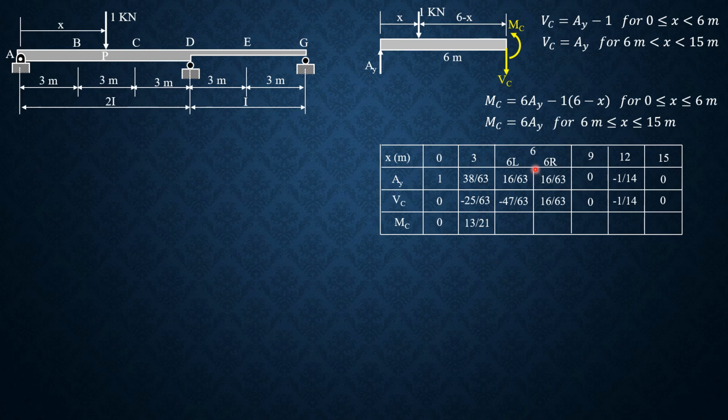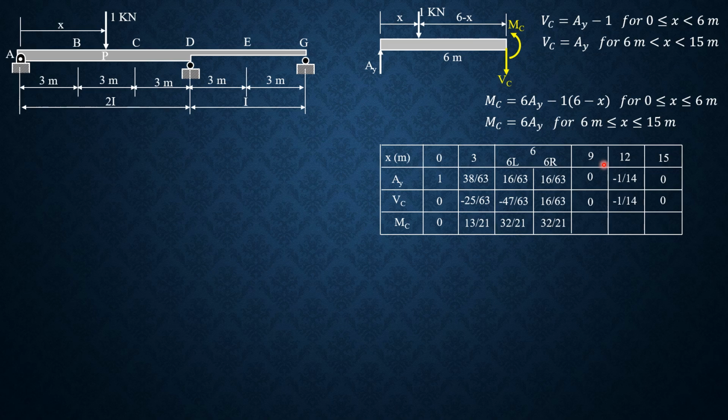When x is just to the left of 6, this is the applicable formula. But when x is 6, because this is moment, this is now the applicable formula. So 6 times 16 over 63, that would be 32 over 21. So just to the right, since it is also 6Ay, it is also 32 over 21.